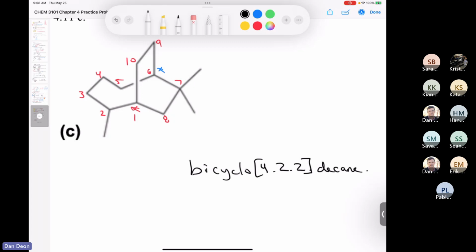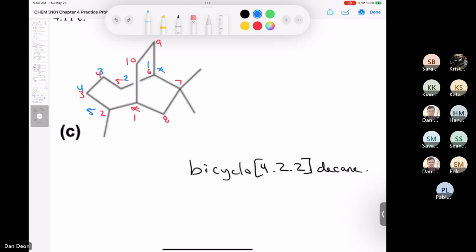Yes, you always go with the longest bridge first, okay? And then after you've identified the longest bridge, right, Hannah, you would ask yourself, should I start numbering the way I have it, or should I go 1, 2, 3, 4, 5? Well, if you do it in red, the first substituent is at carbon 2, but if you did it the blue way, the first substituent would be at carbon number 5. So you always go with the longest bridge first.